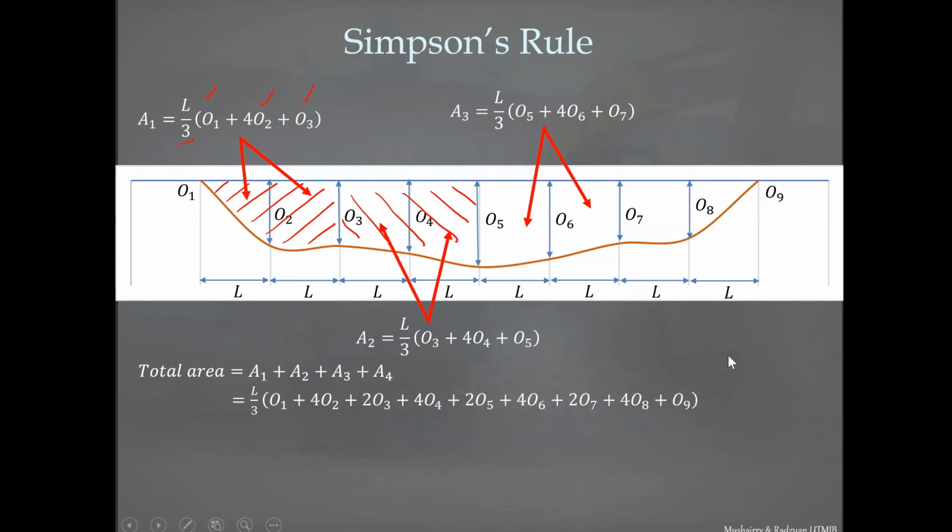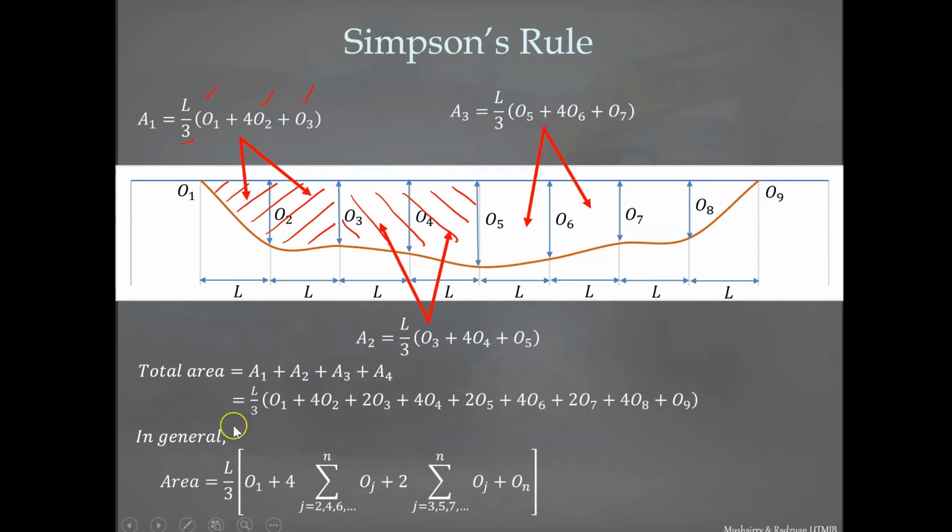In general, we could say the area will be a third of the interval or the length, multiplied by the first ordinate plus the last ordinate. You sum them, and you sum all the even ordinates and multiply by 4, and sum all the odd ordinates and multiply by 2.